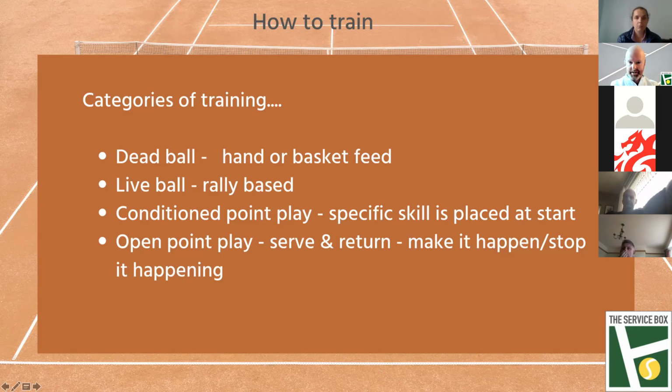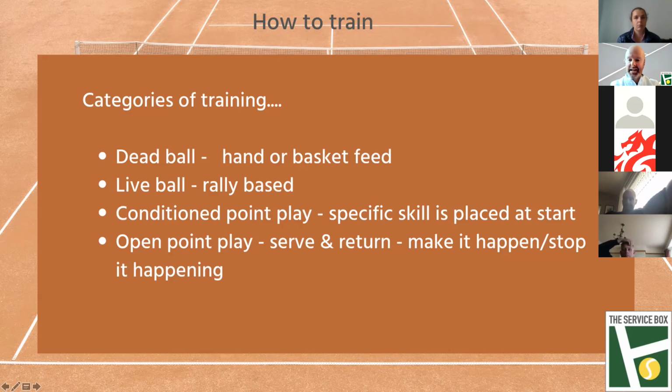You practice something, and it doesn't happen because maybe serve and return is inconsistent, or maybe the serve's too dominant, maybe the return is missed, or maybe the return is too good, or whatever. So I condition the points so that the skill we are practicing is most likely to happen right at the start. Then they can play and problem solve and do what they want. And the final layer, if you like, is serve and return, but that as in open point play.